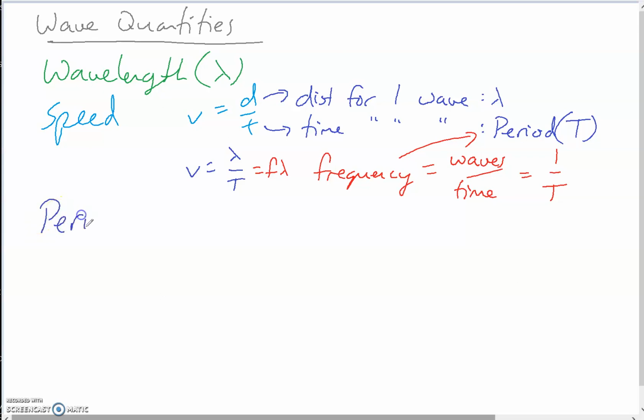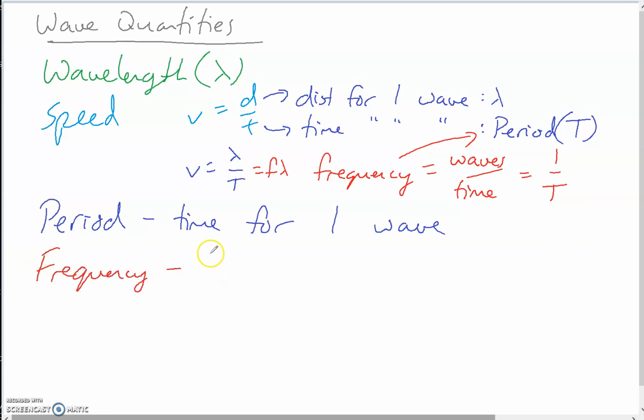We have what's called the period, and this is the time for one wave to occur. And then if we invert that, that is where we got our frequency from. And this is how many waves. It's not really per time per se, it's actually per second. So period is seconds per wave, and frequency is waves per second.